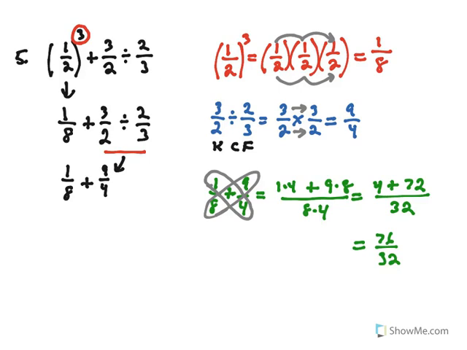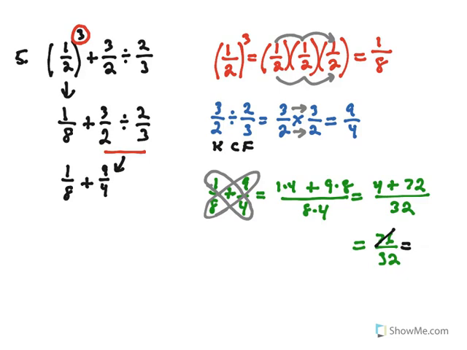Okay. And if you take both of those numbers, you've got to think about a number, what is the biggest number that goes into both of these? You are going to get 4. Okay. So remember, 4 goes into 76 19 times.